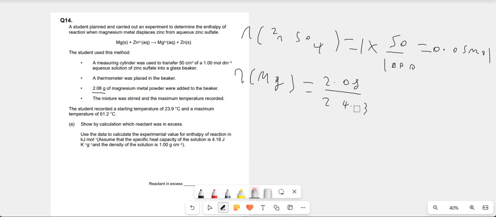Don't make the mistake out here, it's 24.3. And then that's going to give you 0.0856 mole.